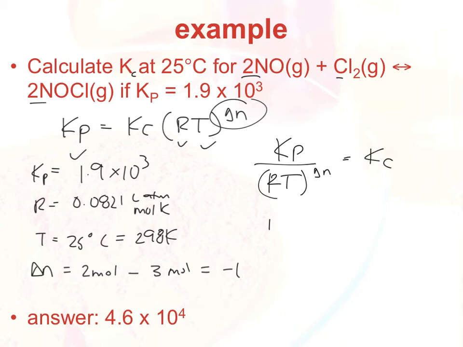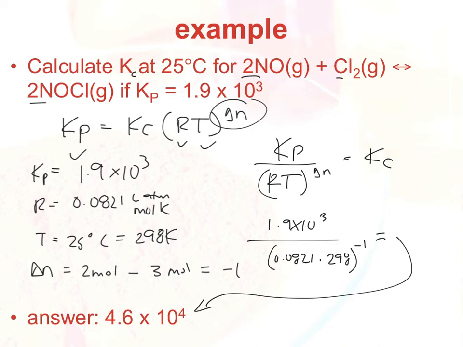If we go ahead and plug everything in, 1.9 times 10 to the third divided by 0.0821 times our temperature, 298, all to the -1. Plug that into our calculator, and that's going to subsequently give us this value.